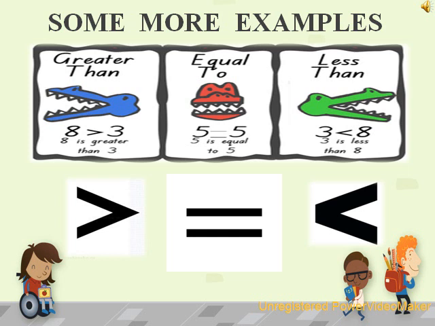So the mouth will always open towards the number which is bigger or greater. If both the numbers are equal, as given in second example, 5 is equal to 5, then equal to sign will come. I hope these signs are clear to you.